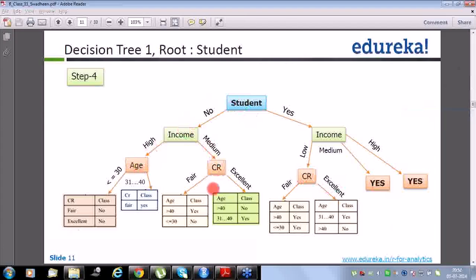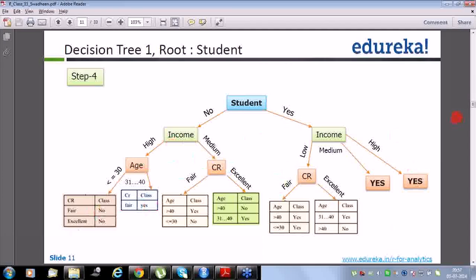So what we understand through this tree is that the branch nodes do not necessarily always split based on a common variable. The split may be based on different variables, but the ultimate goal is to predict the dependent variable, whether he will buy the computer or not.